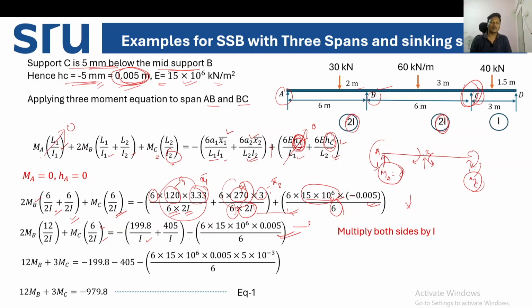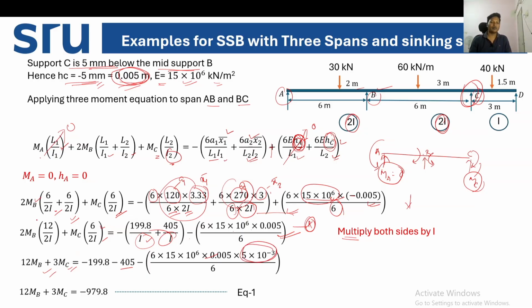In this equation, if you multiply both sides by I, that means we are trying to cancel out the I values, so 12MB plus 3MC is equal to minus 199.8 minus 405 minus 6 into 15 into 10 to the 6 into 0.005 into 5 into 10 to the minus 3, because this is the value of I.